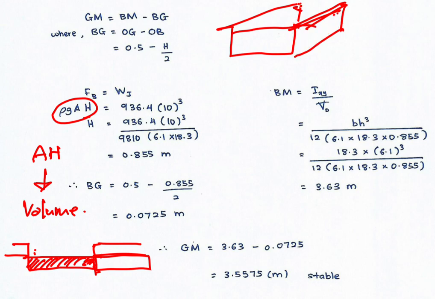Then we multiply by h, so we could get the volume. According to this calculation, we get that h is 0.855 meters.